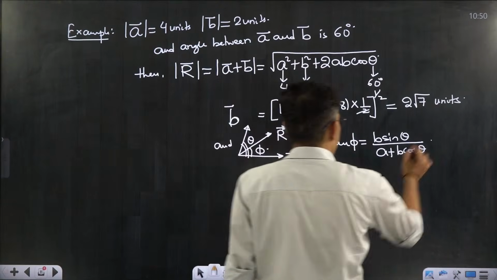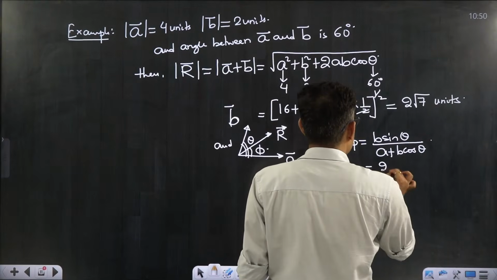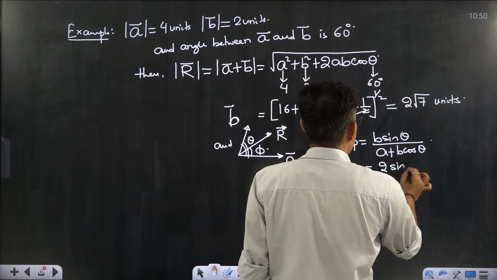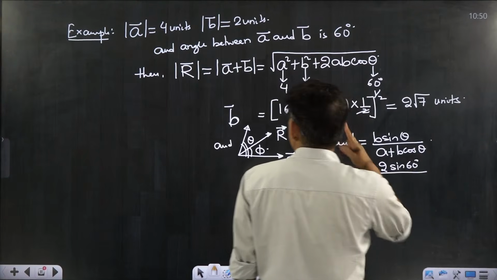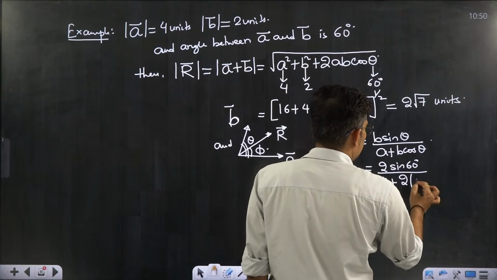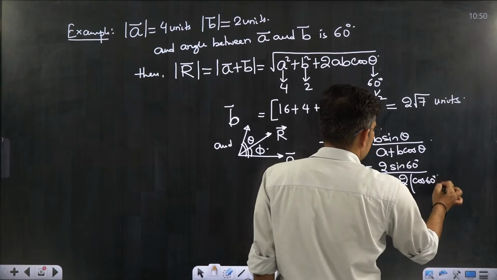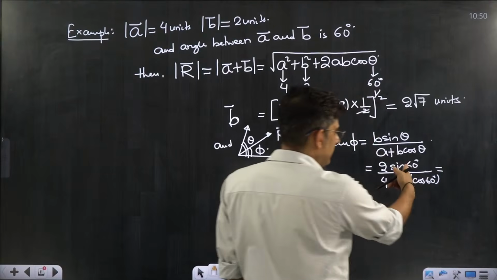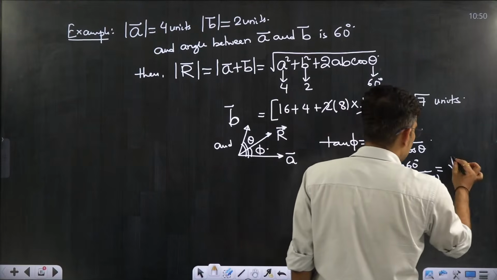So here putting the value of B, 2 sin 60, A again is 4 plus 2 cos 60. So you will write sin 60 as root 3 by 2, 2 cancels, root 3.